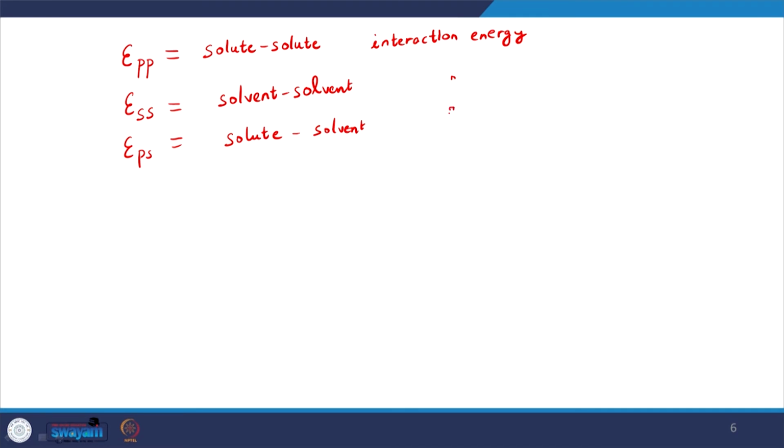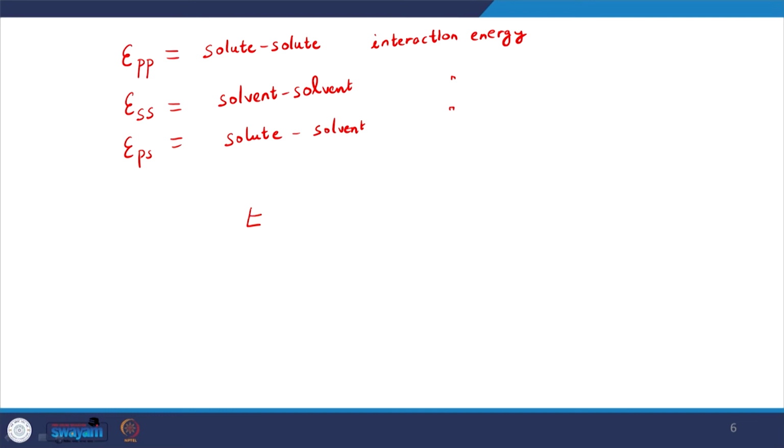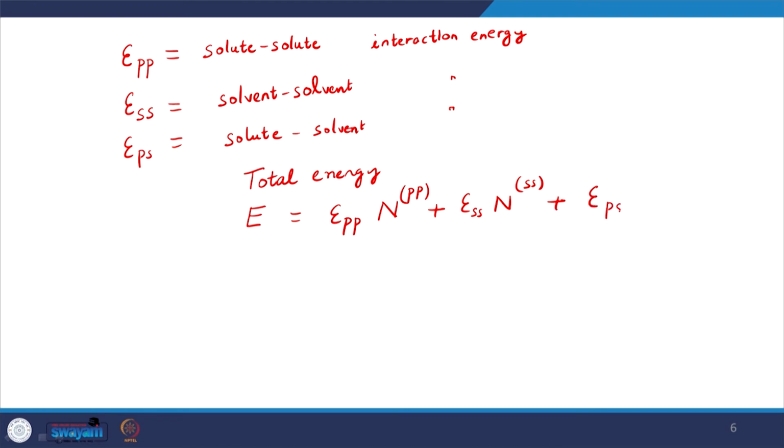So, if I have to find the total energy of the system, assuming that it is at equilibrium, there is no external agency and so on, we can say that the total energy is something like epsilon pp multiplied with npp plus epsilon ss multiplied with nss plus epsilon ps multiplied with nps, where these represent the number of contacts.